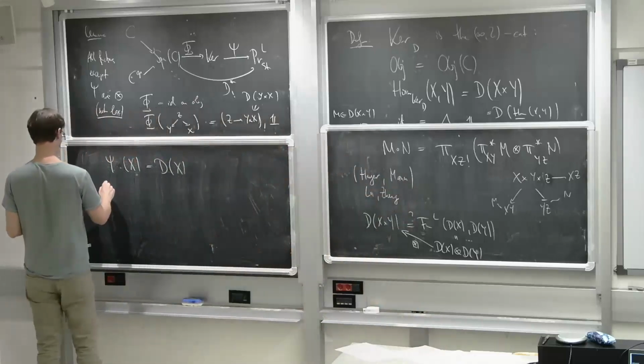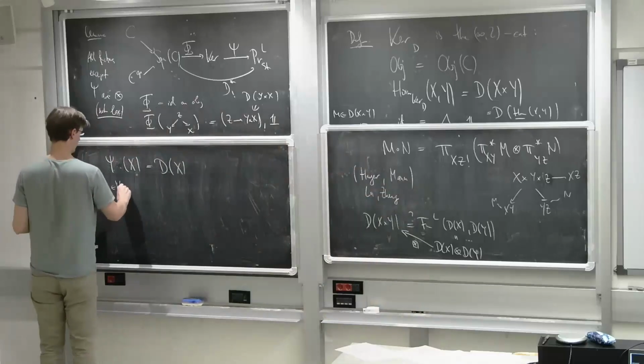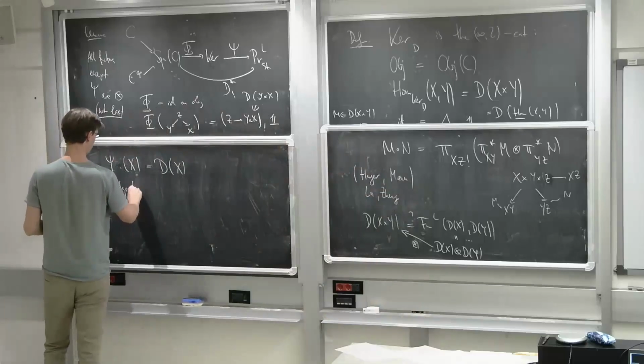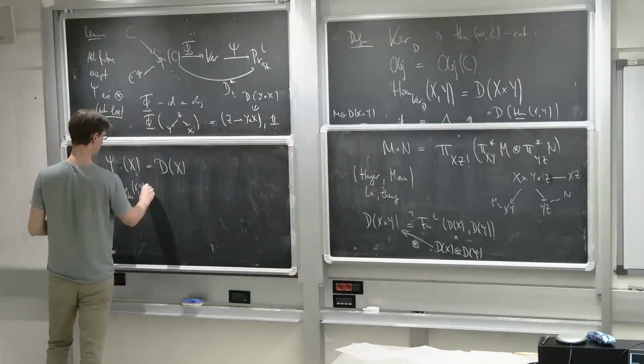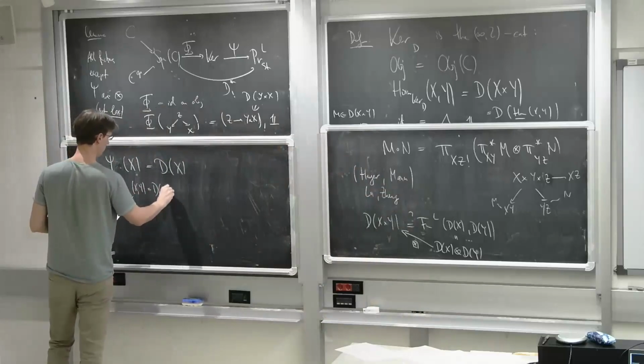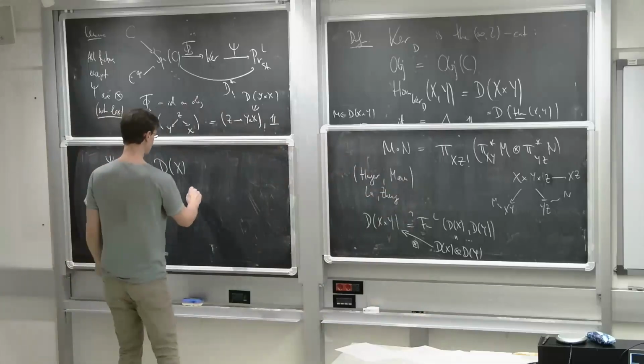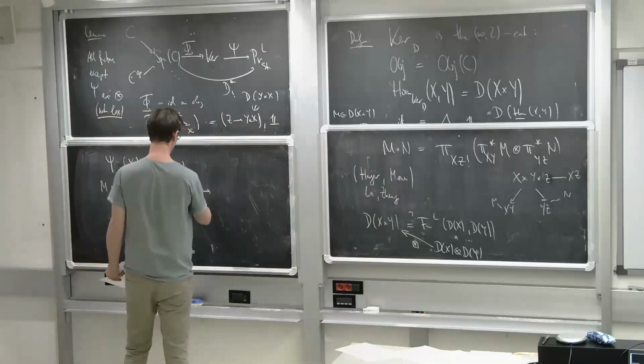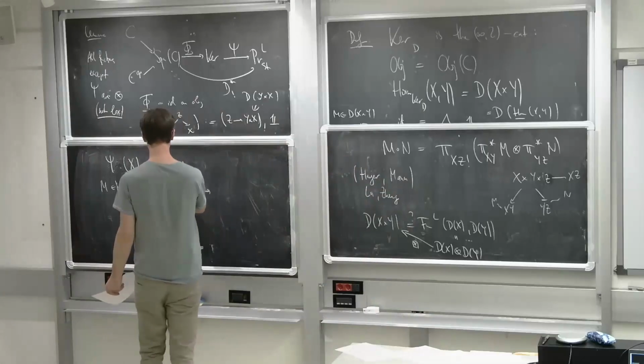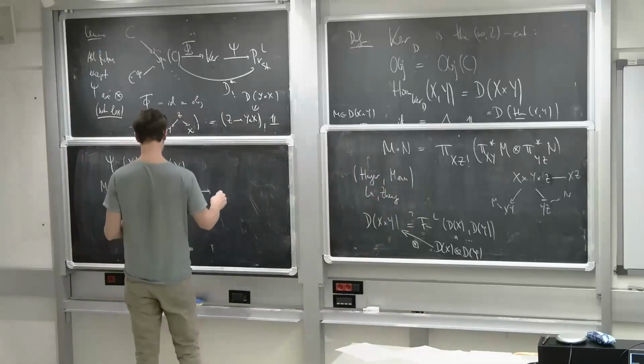Given the morphism, if we have M, which is the morphism in this kernel category from X to Y, which once again is D of X times Y, then I have to now come up with a functor from D of X to D of Y.